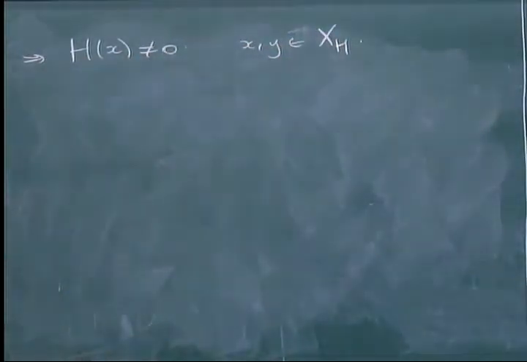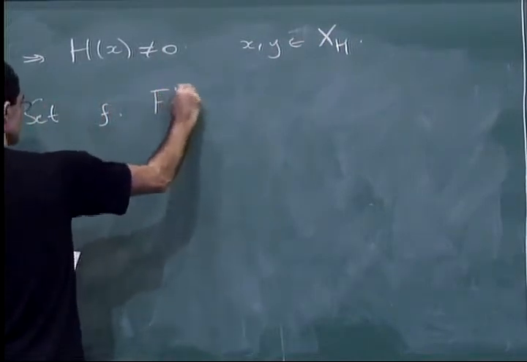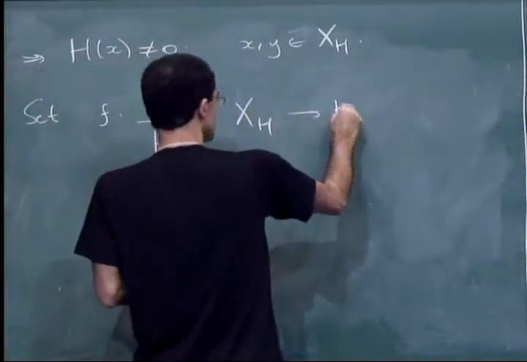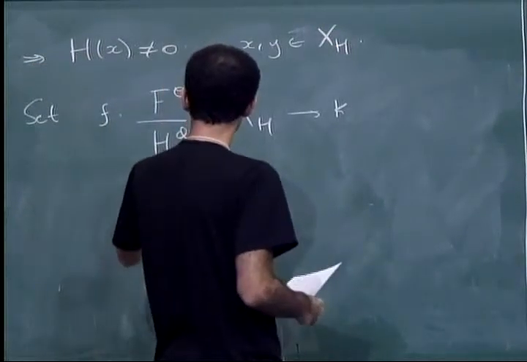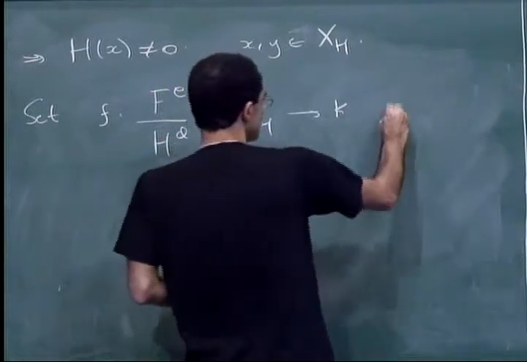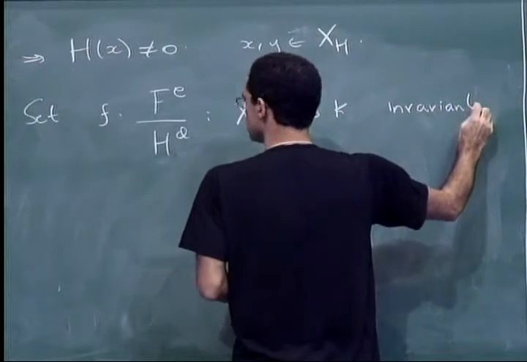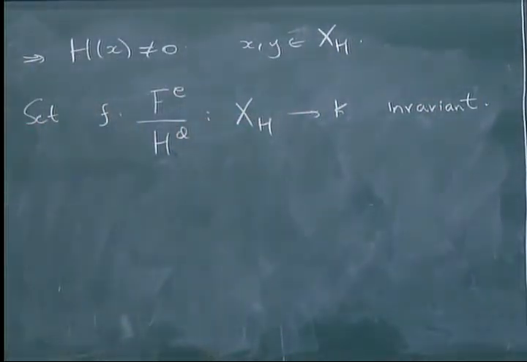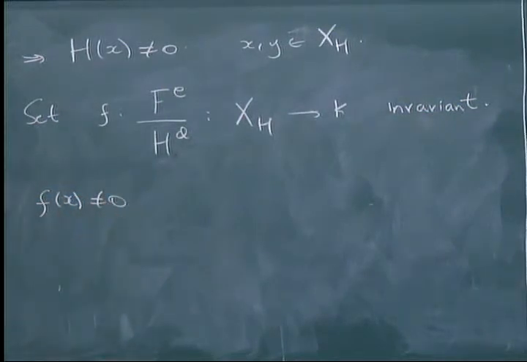And now we consider a regular function on this principal open set, given this way, as this quotient. Right? So it's a quotient of homogeneous polynomials of the same degree. Both of them are invariant, so this is invariant. Yeah, so it's an invariant regular function. Right? And what we have is that f of X is non-zero, right?